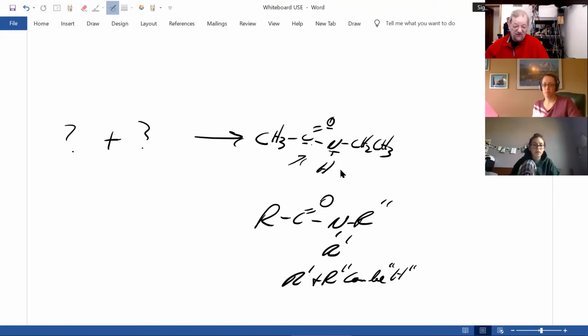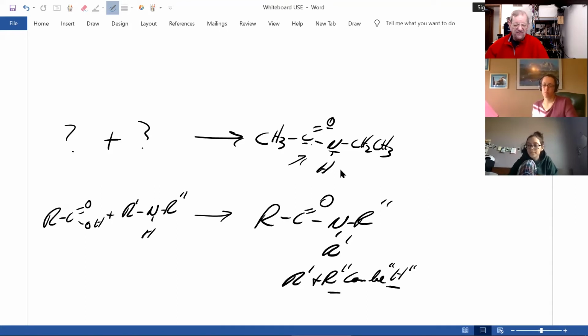Actually, R can too, but I won't do that in this class. And how do you make an amide? A carboxylic acid plus an amine will make an amide. Remember, R prime and R double prime can be hydrogen.